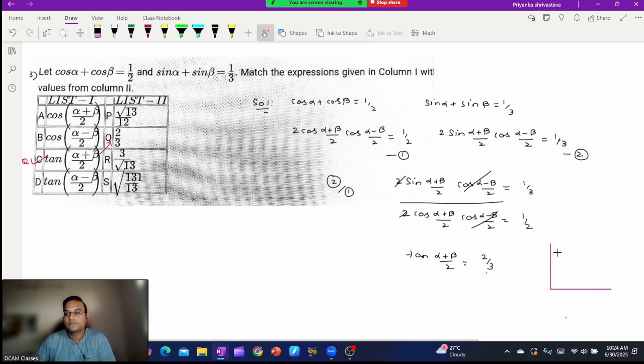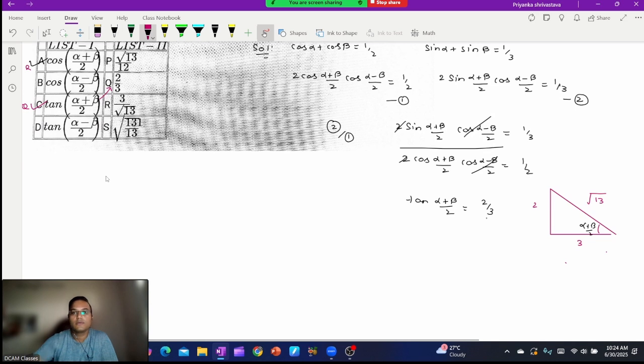See how? This is 2 by 3, this will be root 13. So if you take this as (alpha plus beta) by 2, your cos of (alpha plus beta) by 2 will be 3 by root 13. So it will be R.